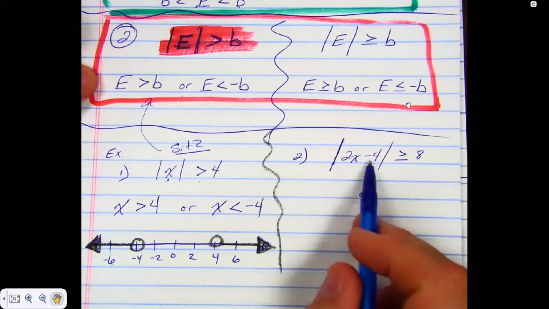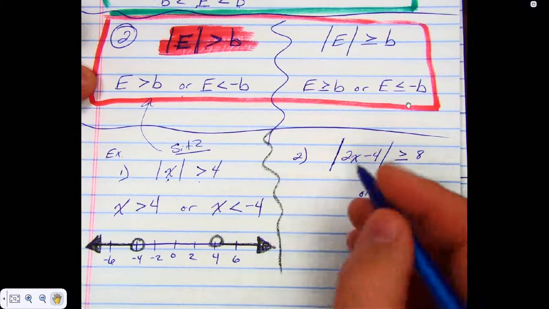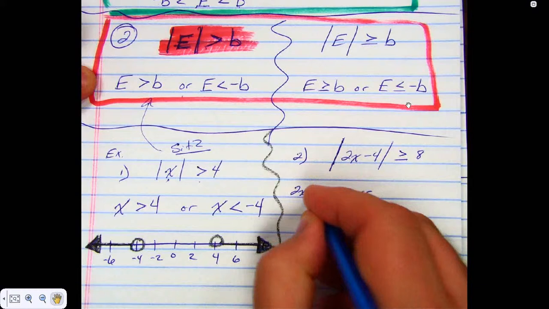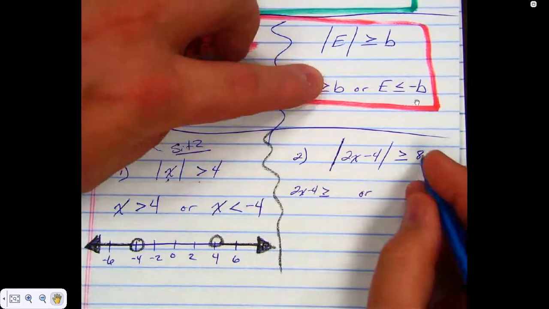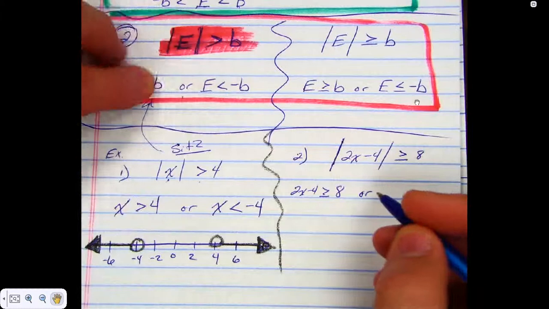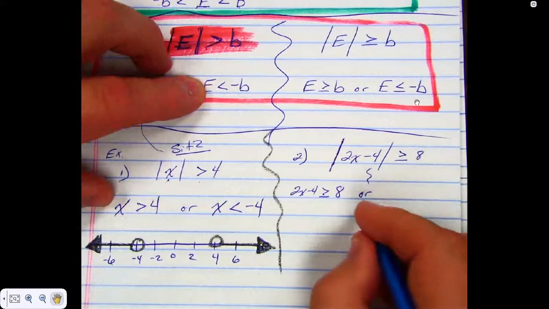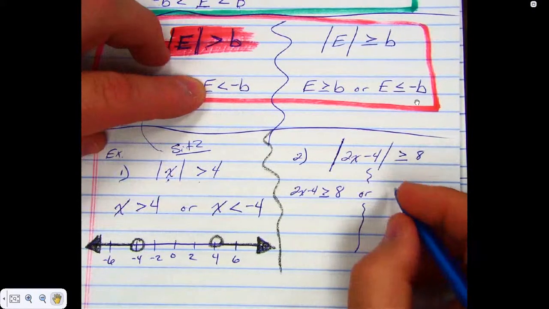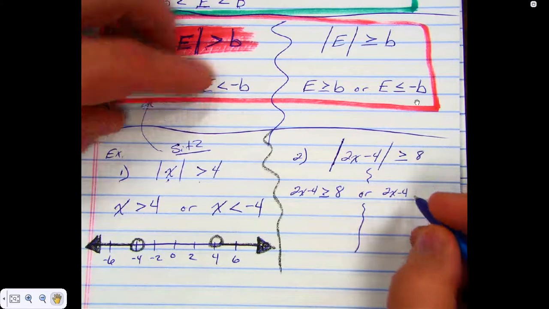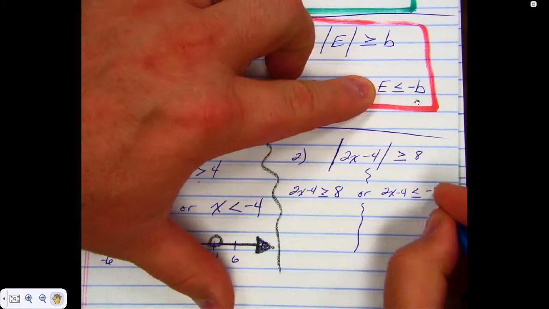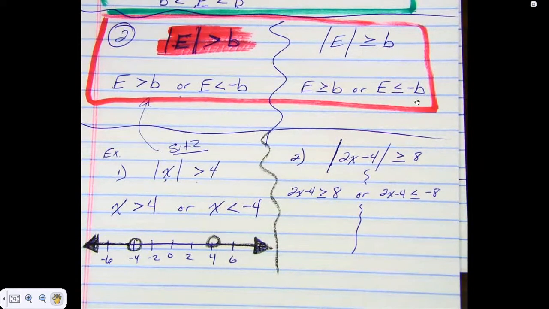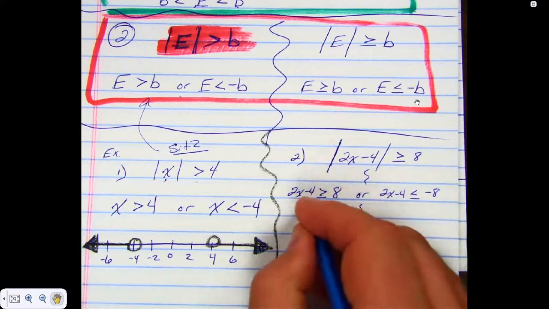What's my E in this case? So 2x minus 4 is greater than or equal to whatever's on the other side. Then over here, I've got 2x minus 4. What do I put now? Less than or equal to the negative of that, which would be negative what? See how it doesn't change? How you just follow those rules? Now I just got to solve each one.